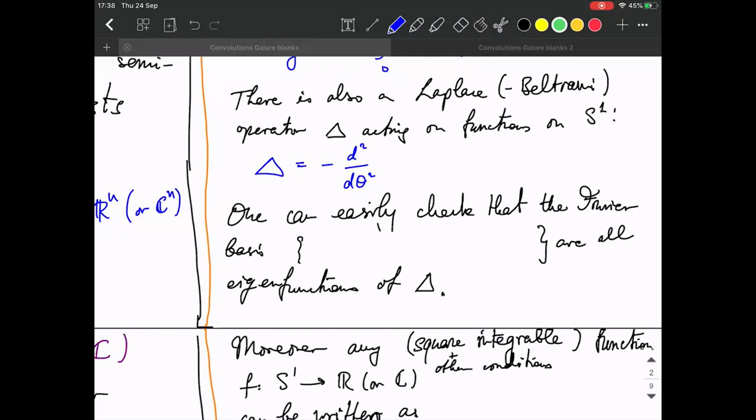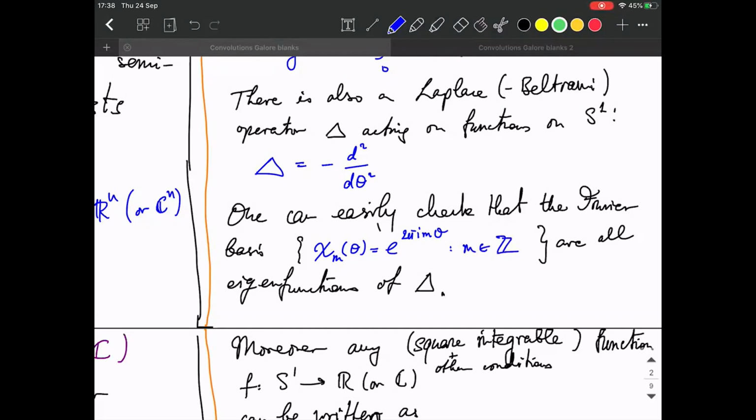We have the Fourier basis. These are functions on the circle, or in other words, periodic functions on the real line, defined like so, and indexed by the integers.